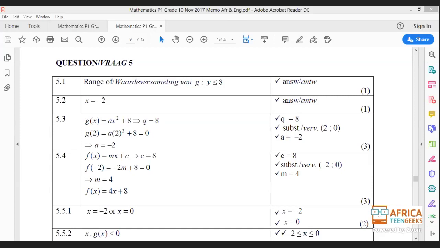So plus 8 minus 8 is 0, basically, right? So now we're going to have negative 2x squared minus 4x is equals to 0, right?